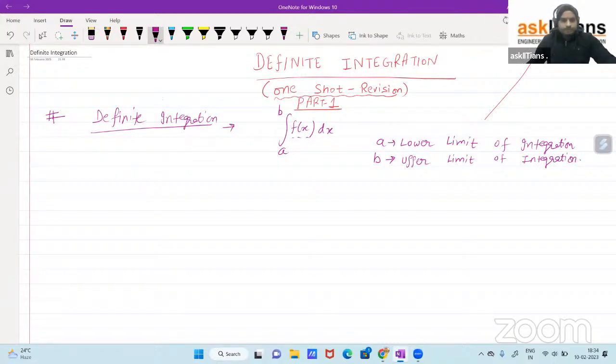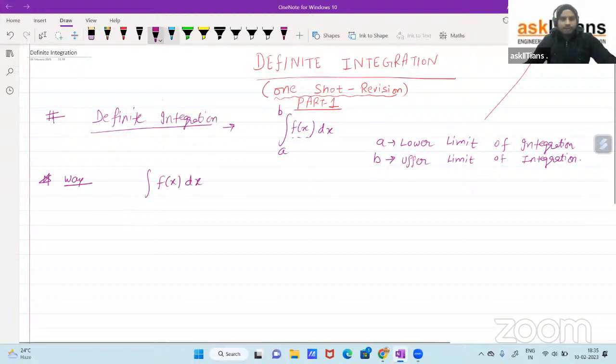So suppose, what is the way to calculate it? Suppose the indefinite integration of f of x is, let it be g of x.